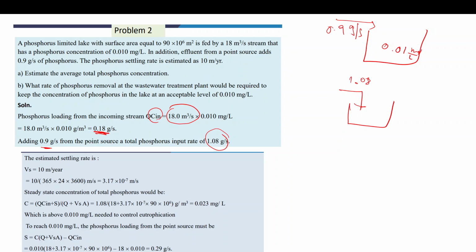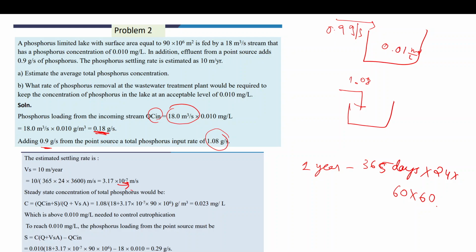So, 1 year has 365 days. Now, 1 day has 24 hours, 1 hour has 60 minutes, and 60 minutes has 60 seconds. So, this is the conversion from year to second. So, this will be the settling rate in meter per second.